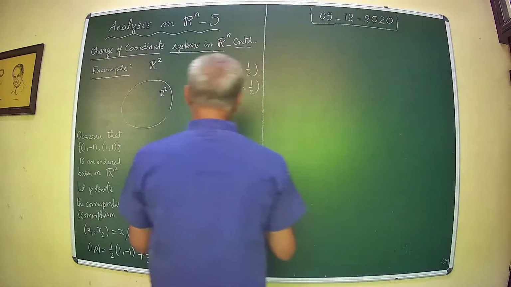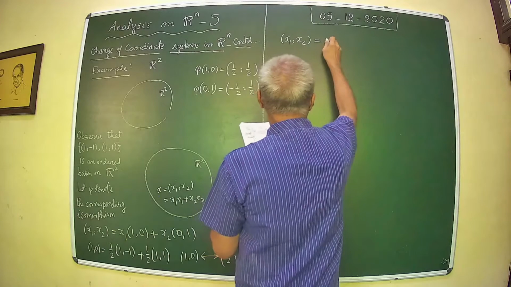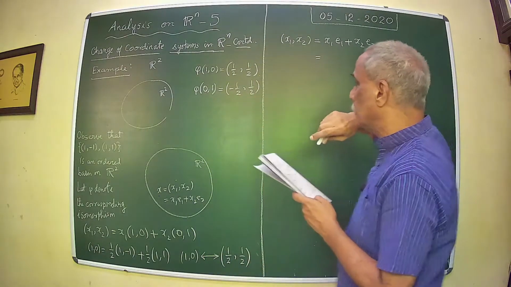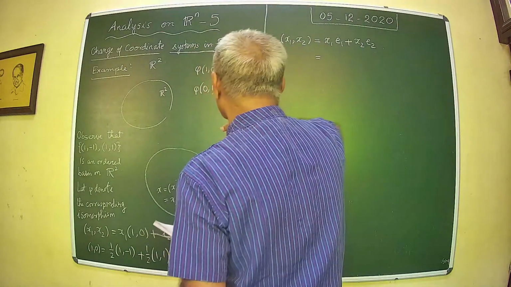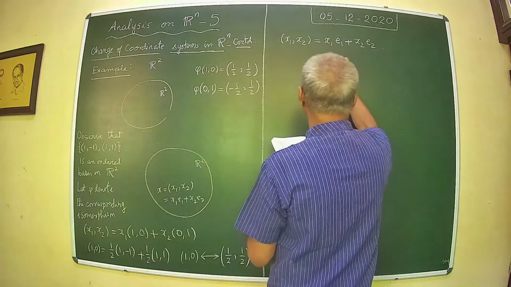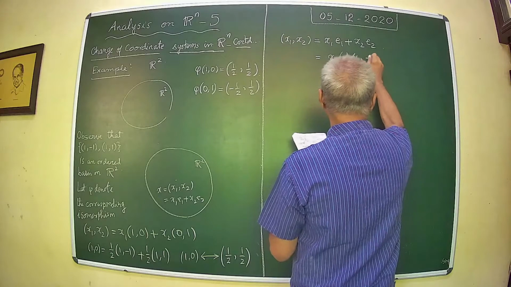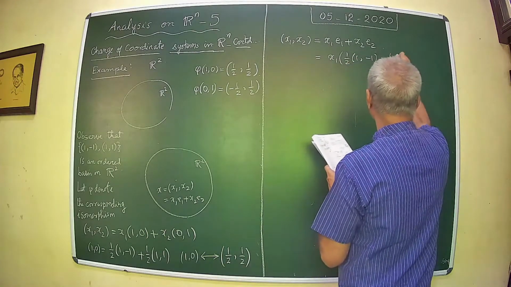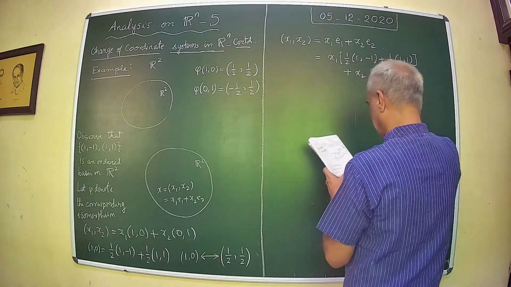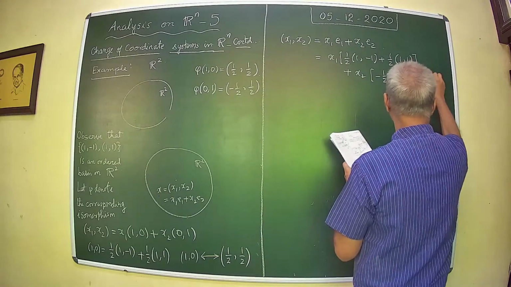So you see that (x1, x2) equals x1 e1 plus x2 e2, and e1 and e2 we have already written: (1, 0) is equal to x1 into half of (1, minus 1) plus half of (1, 1), plus x2 into minus half of (1, minus 1) plus half of (1, 1).